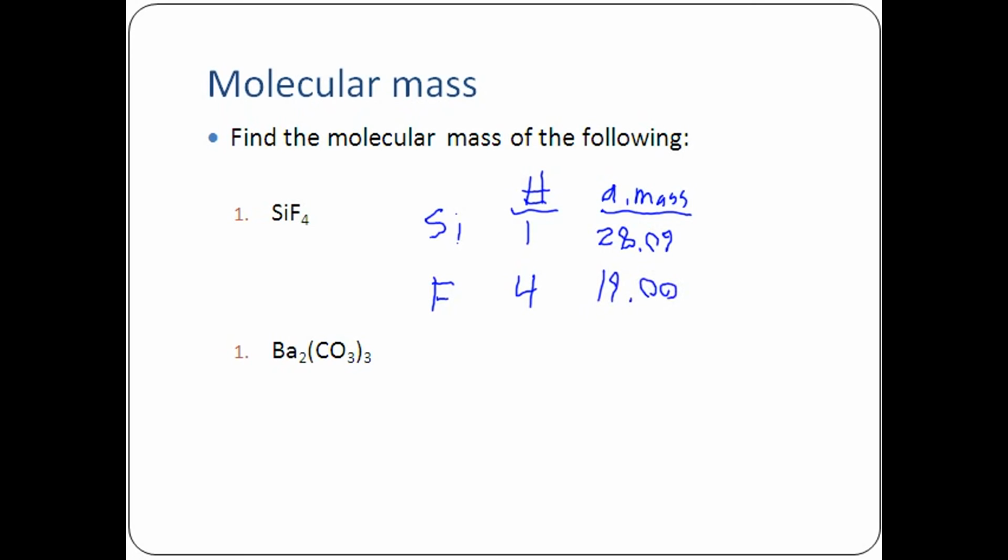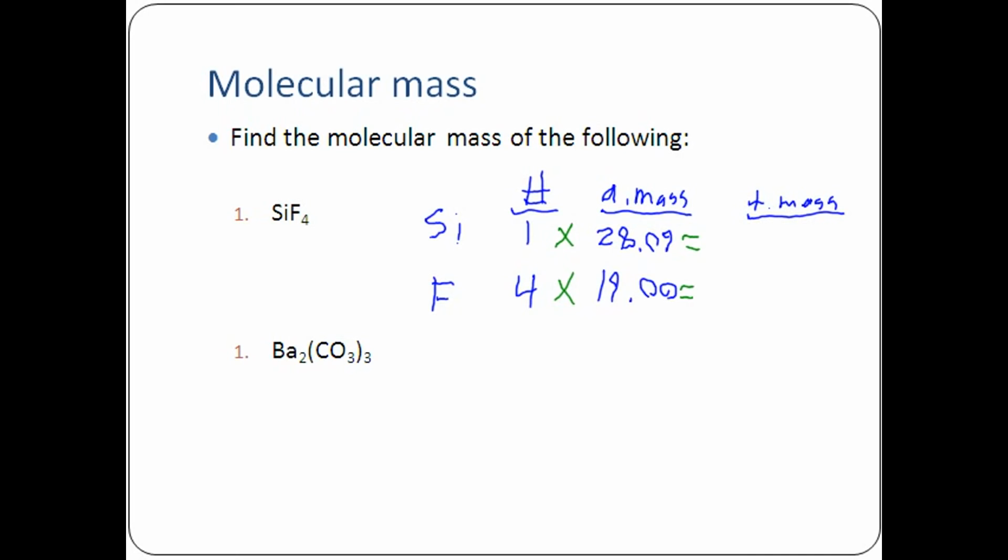Once we've got these two, the next step is to multiply the number of each one times the mass of each one, and that gives you the total mass of each one.